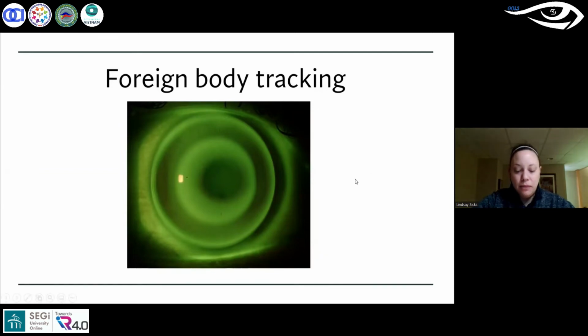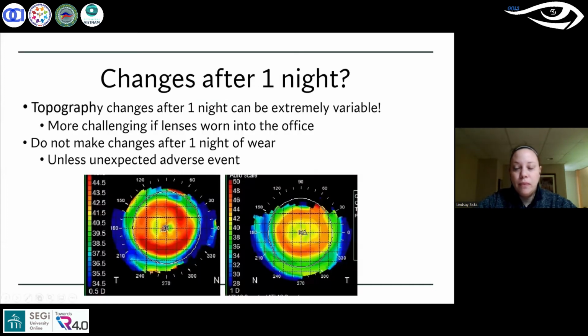So that might not be a reason to make a change, but do obviously investigate, evert the lid and so forth to make sure that any foreign body that's in the eye has been removed. And another thing to look at would be to make sure the lens doesn't have any back surface deposits and isn't causing any problems either.